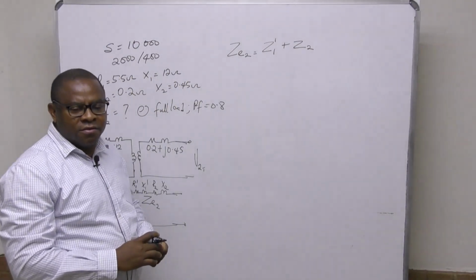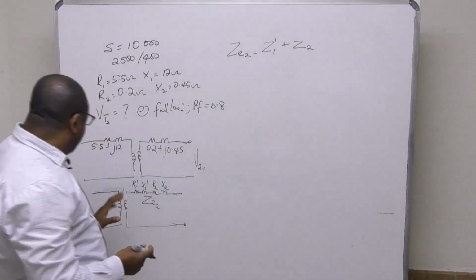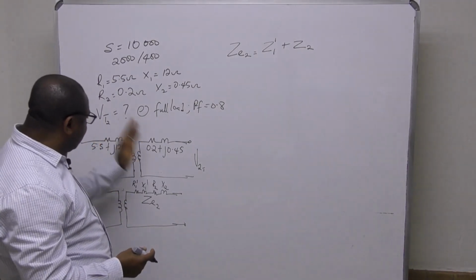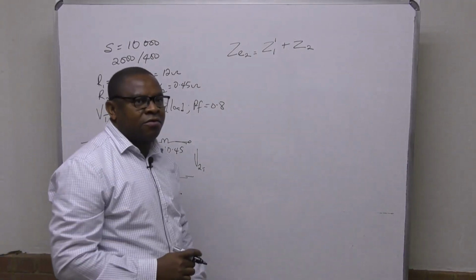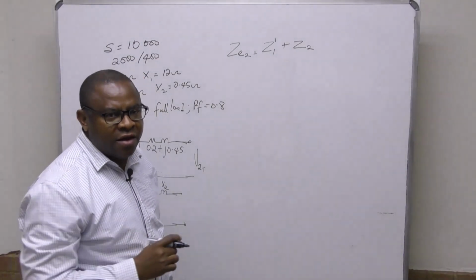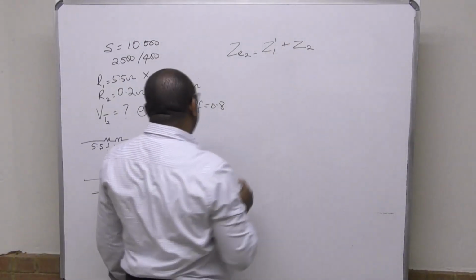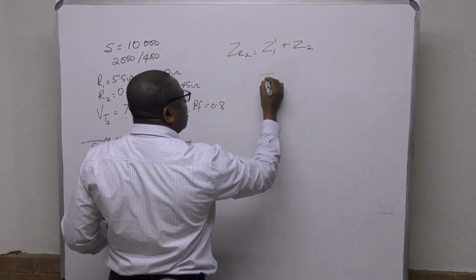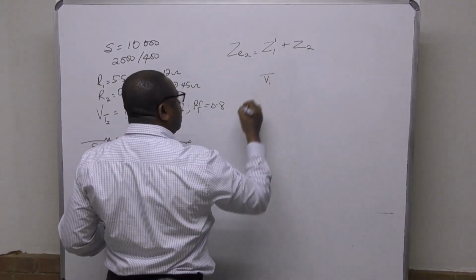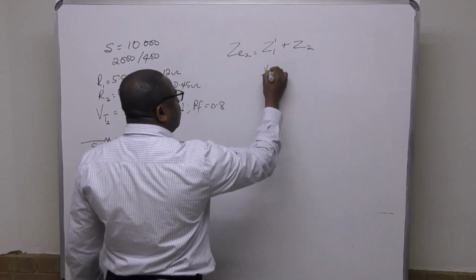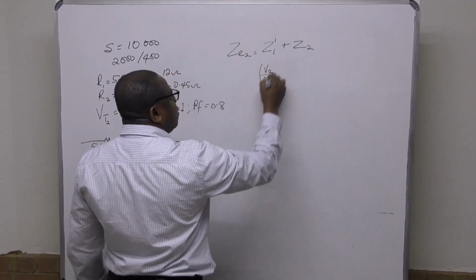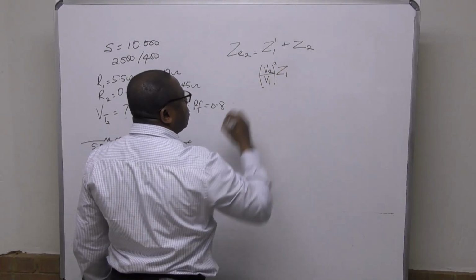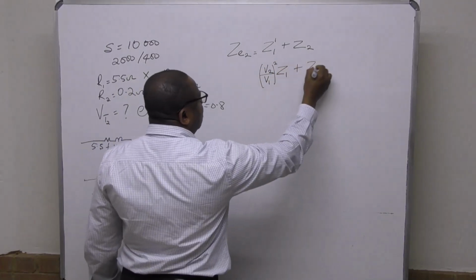Now we know our Z1, but I need to take this Z1 to the other side, which you can write as coming from V1 to V2, all squared, multiplied by Z1, then plus Z2.